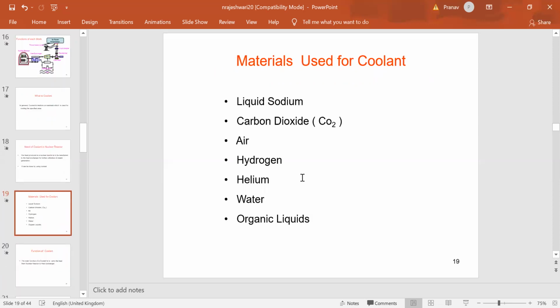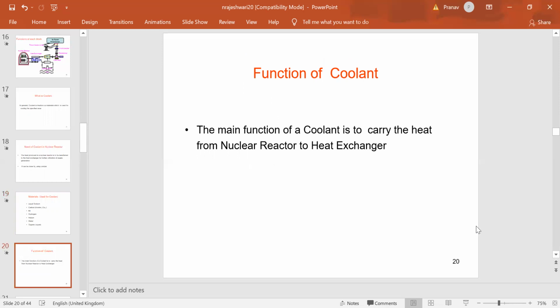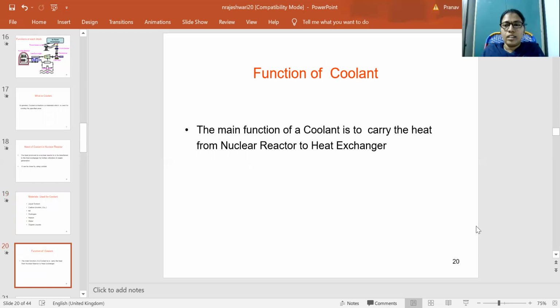For that, we need coolant, and materials used for coolant are liquid sodium, carbon dioxide, air, hydrogen, helium, water, and organic liquids. And coming to the function of coolant, the main function of coolant is to carry the heat from the nuclear reactor to the heat exchanger.